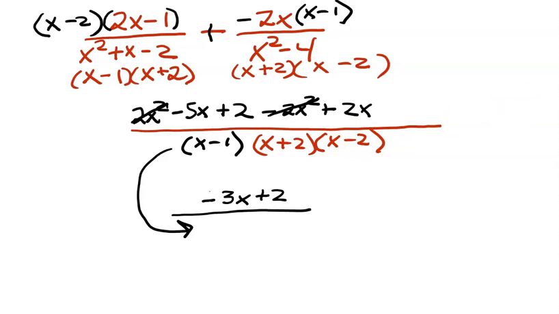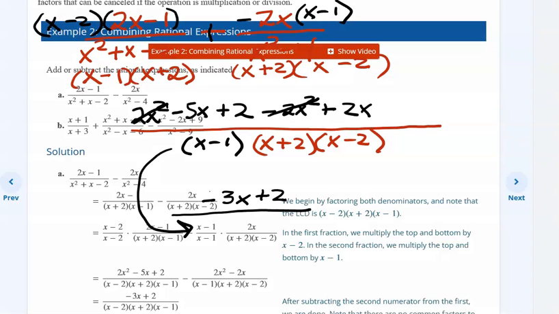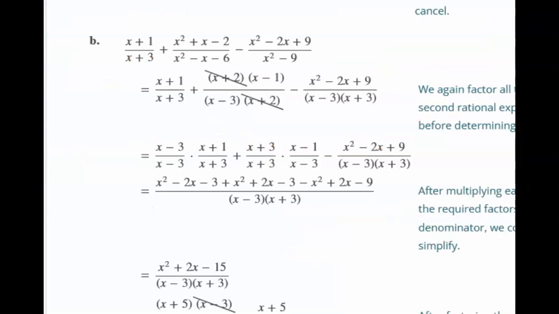And that is my answer. Let's check it out on the other board. And there it is. So it's kind of a complicated procedure with lots of steps. Need to be careful to check your work as you go along.